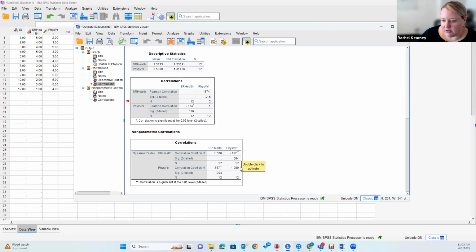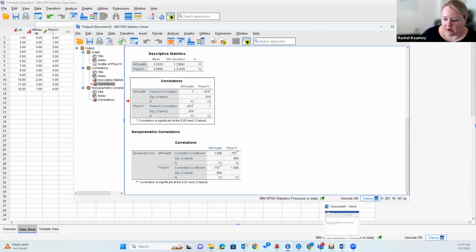You also get the same thing down here. Your significance is 0.004, which is also significant based on our alpha level. So whether you're doing the Pearson or the Spearman, you write them up very similarly.